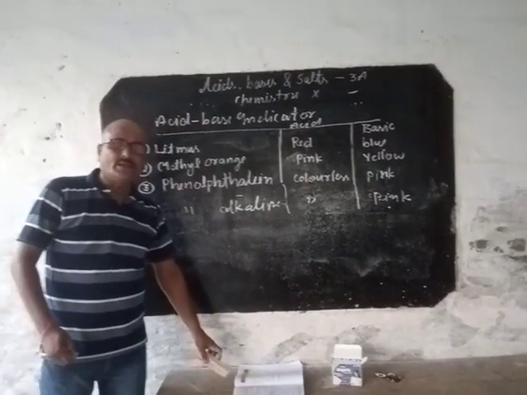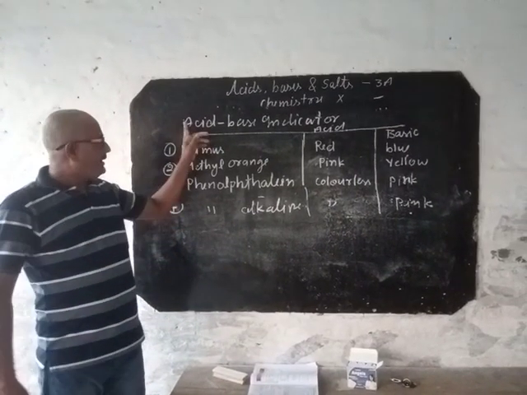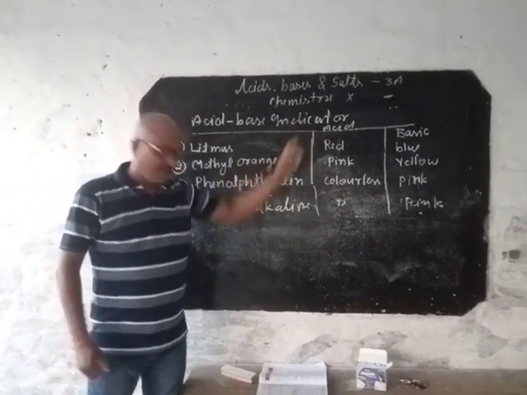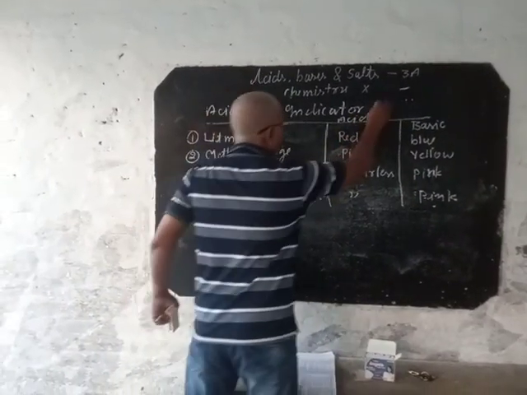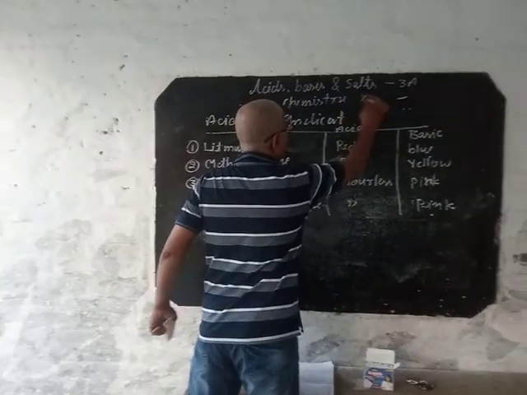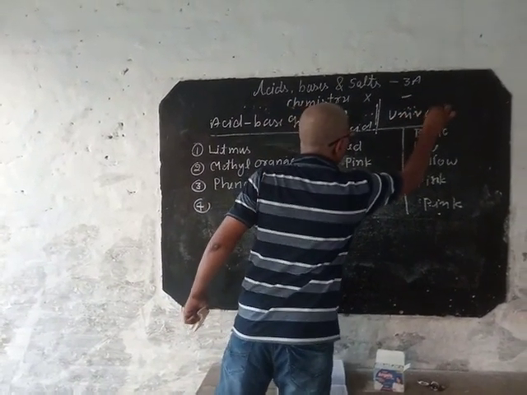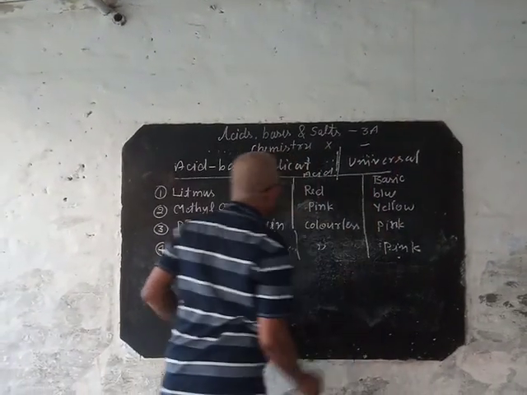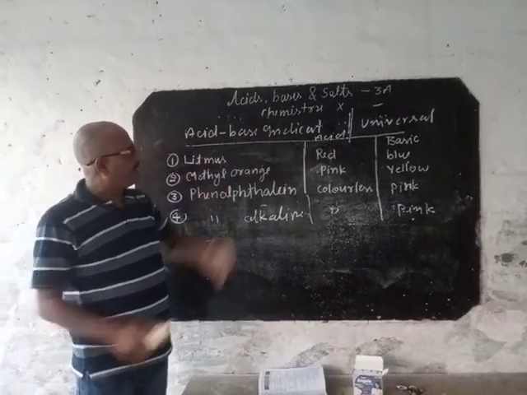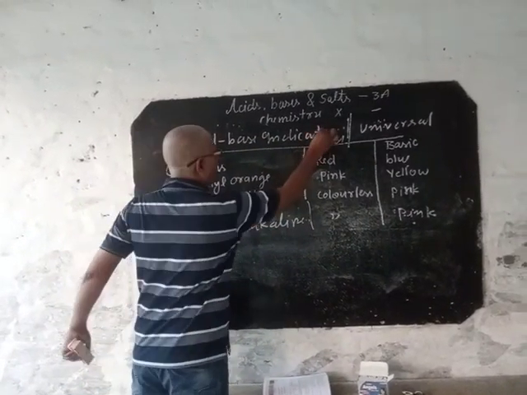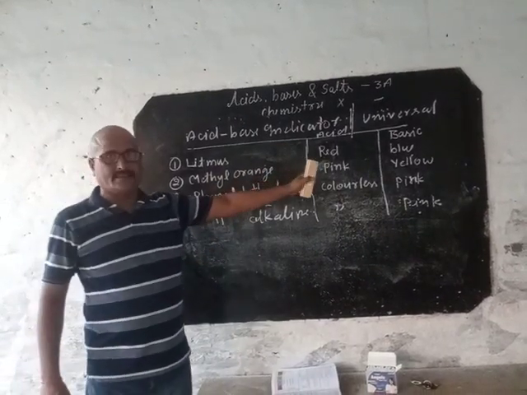Next one, universal indicator. What is the difference between acid-base indicator and universal indicator? Both are indicators. The acid-base indicator only tells whether the solution is acidic or basic.